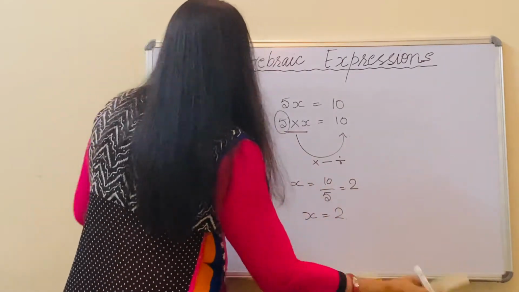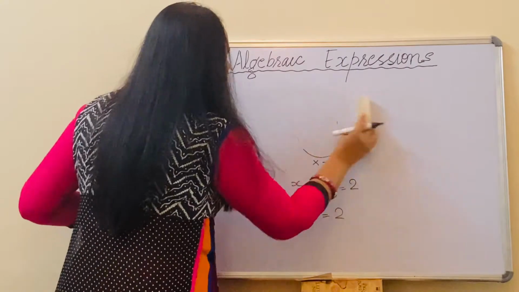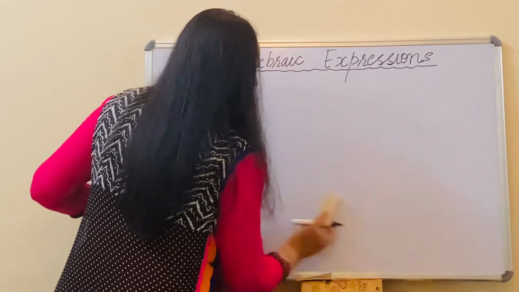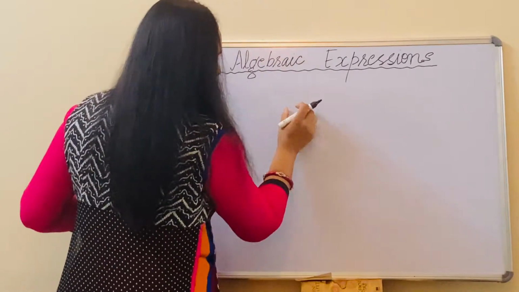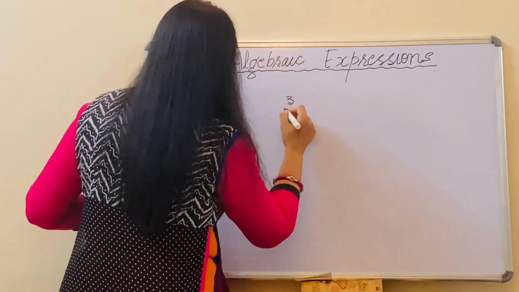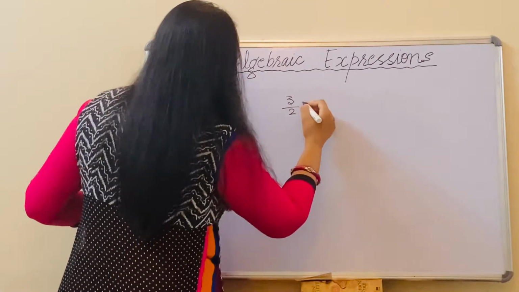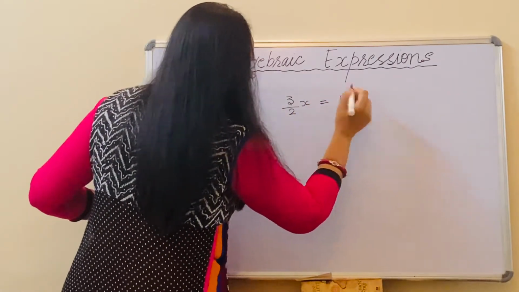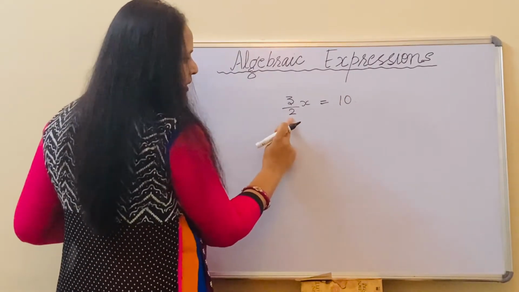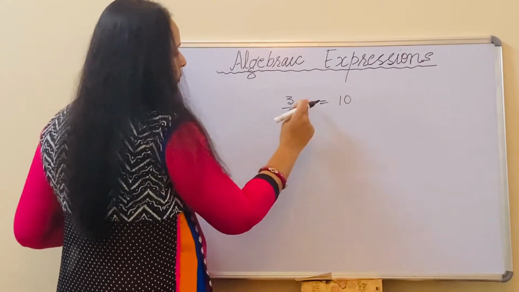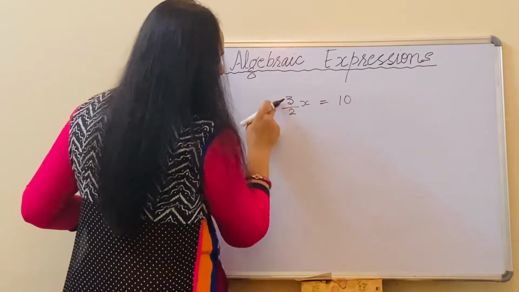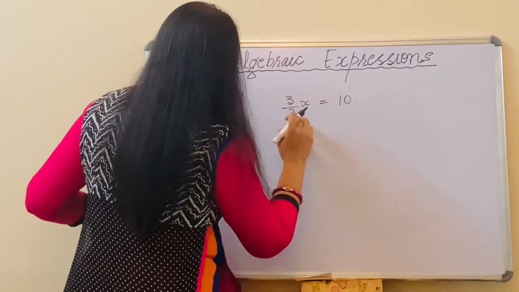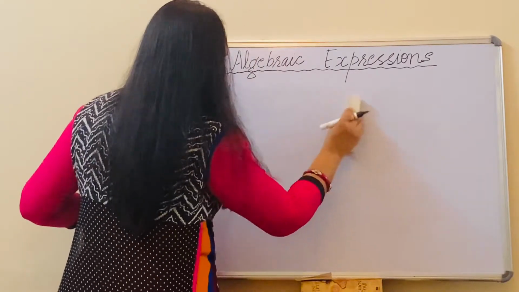Now the last case, when in the term it is in division. Means in the term I am writing x by 2 is equal to 10. Now 2 is in division with the variable x. Let us simplify it.